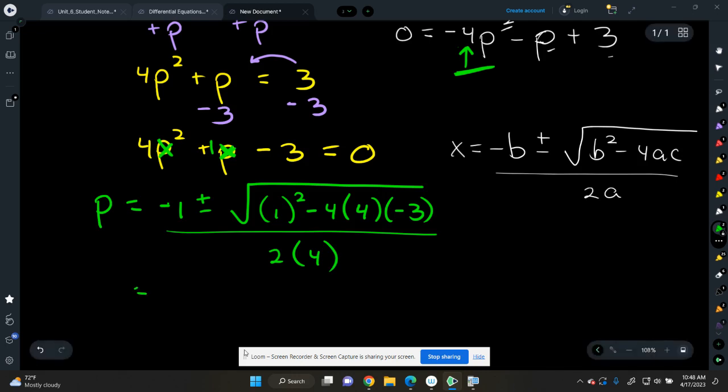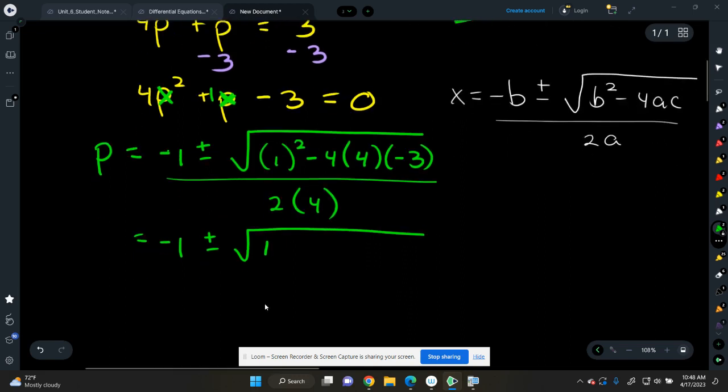Okay, so we get negative 1 plus or minus the square root of 1 squared is 1. Now we've got a negative 4 and a negative 3. So a negative times a negative is a positive.